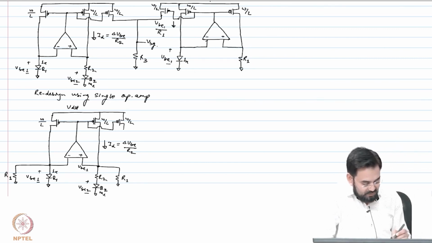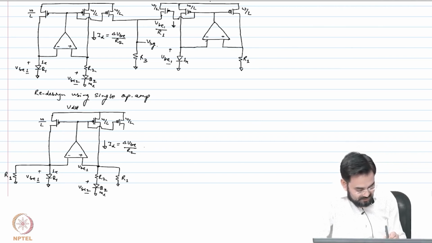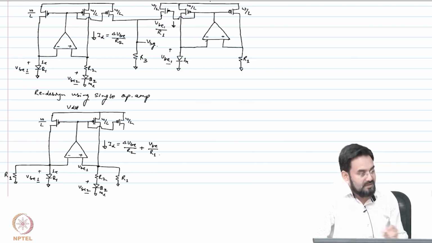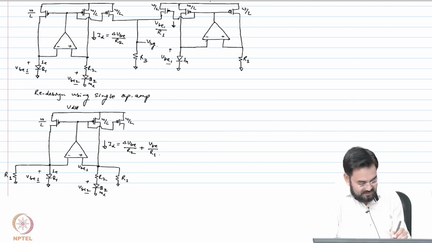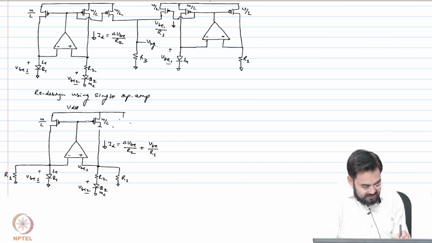Now all I have to do, so this current is now plus VB by R1, and I will just stretch this. In fact, let us make it a bit cleaner. So this is W by L device.